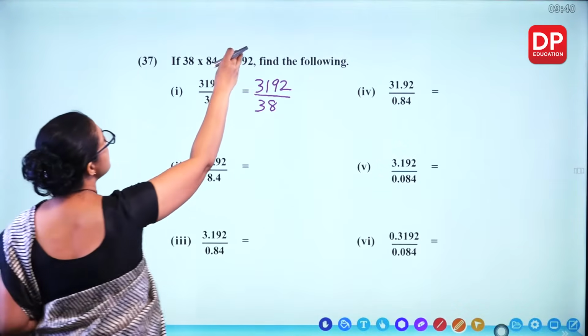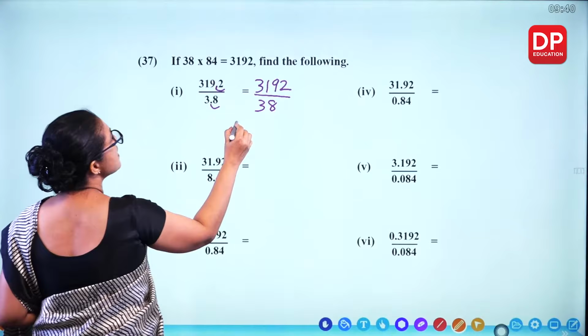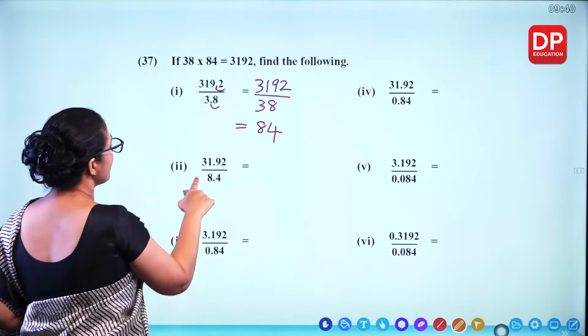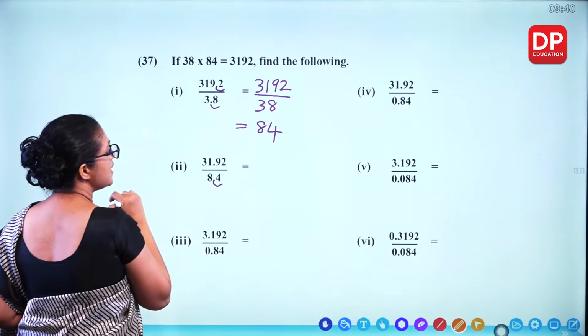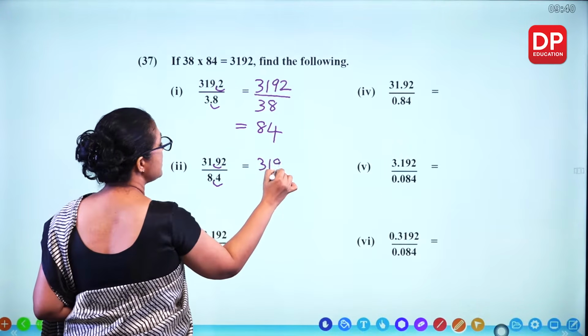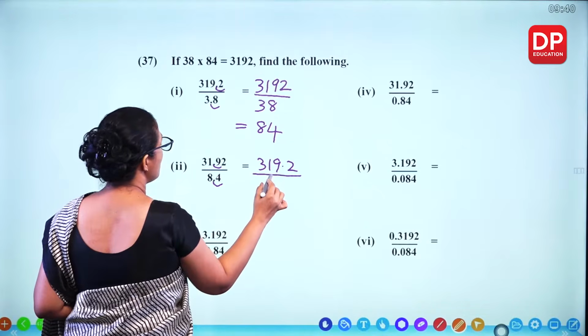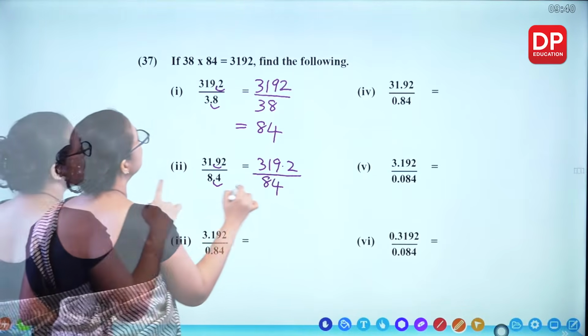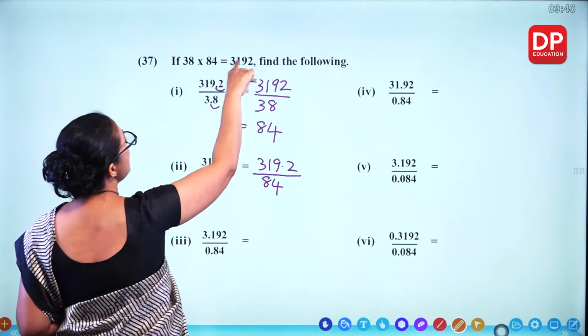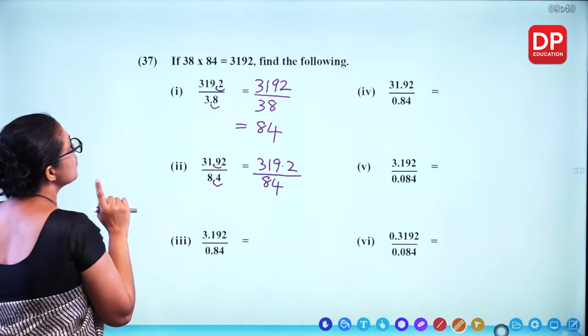When you divide this by 38, you get 84. When you multiply by 10, what you get? 319.2 divided by 84. Now, here this means divided by 10. So, what's the answer?